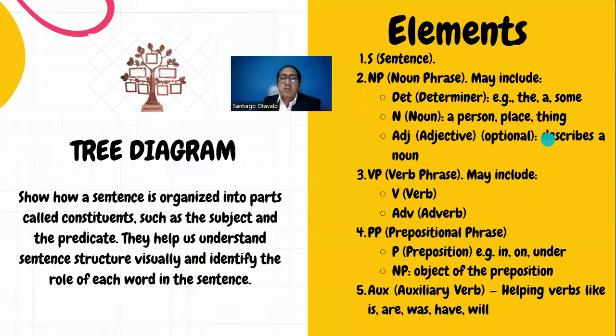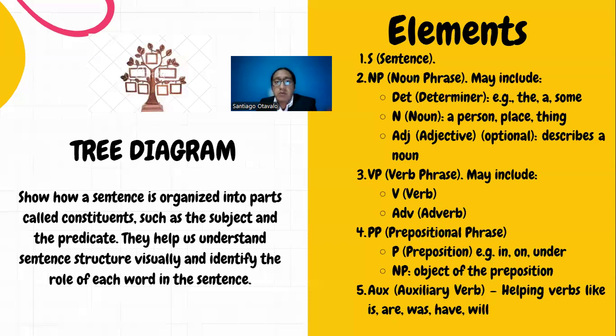In order to understand this information more visually, here we have the tree diagram. The tree diagram shows how a sentence is organized in parts called constituents, such as the subject and the predicate.